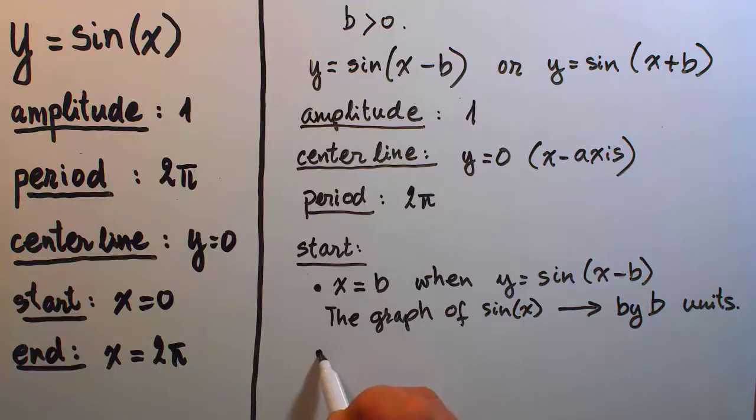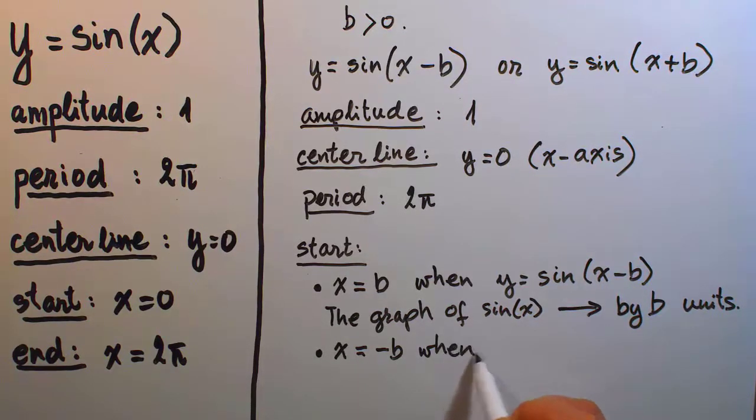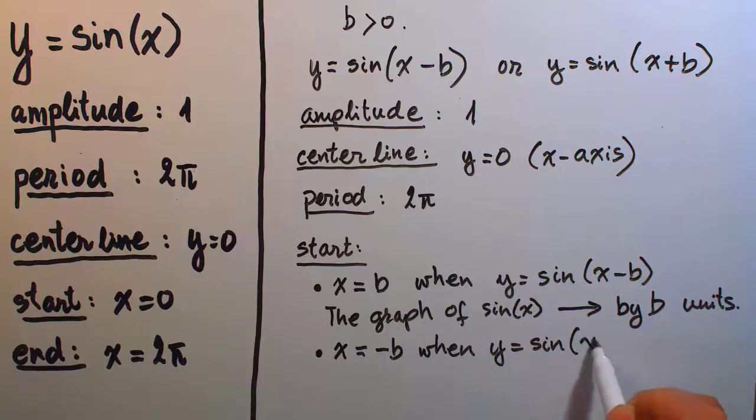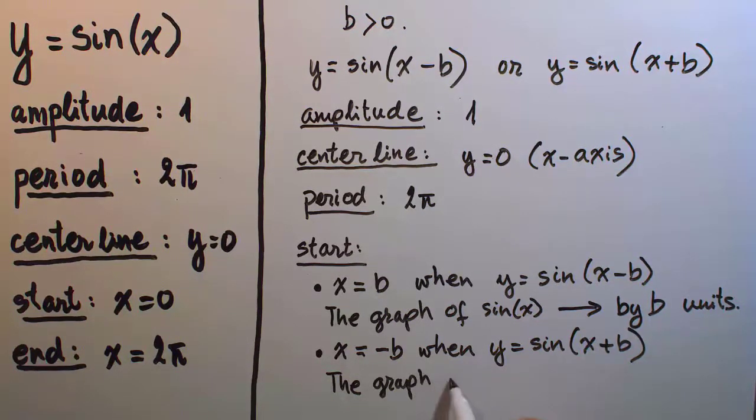And the graph is going to start at minus b when the function is sine of x plus b. So two different cases. And so obviously in this case right here, it's the same as saying the graph of sine of x shifts to the left-hand side by how far? By b units.